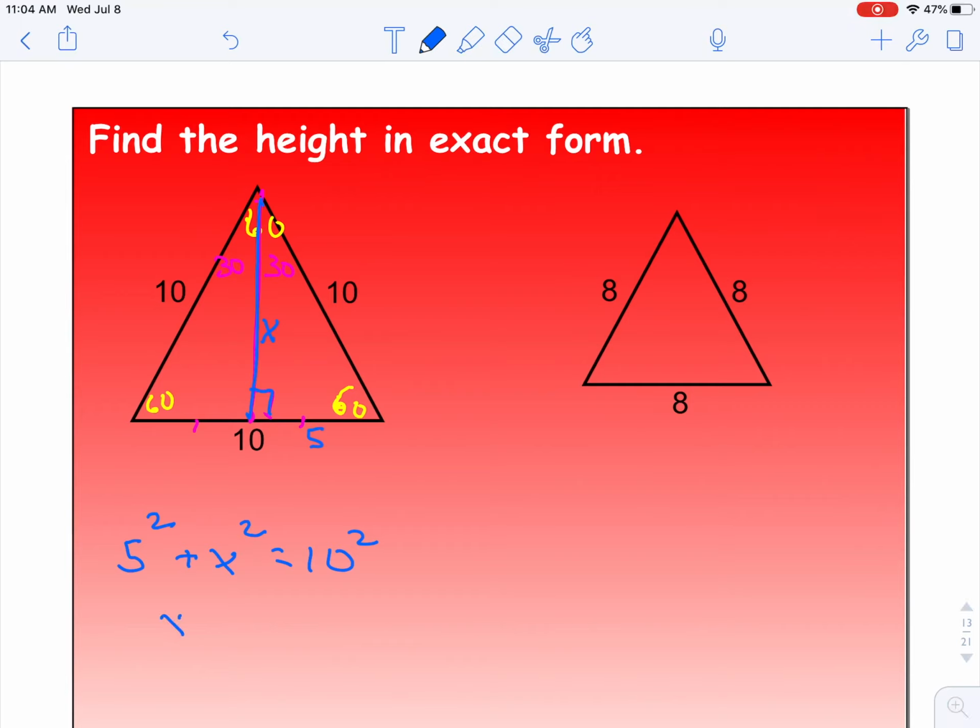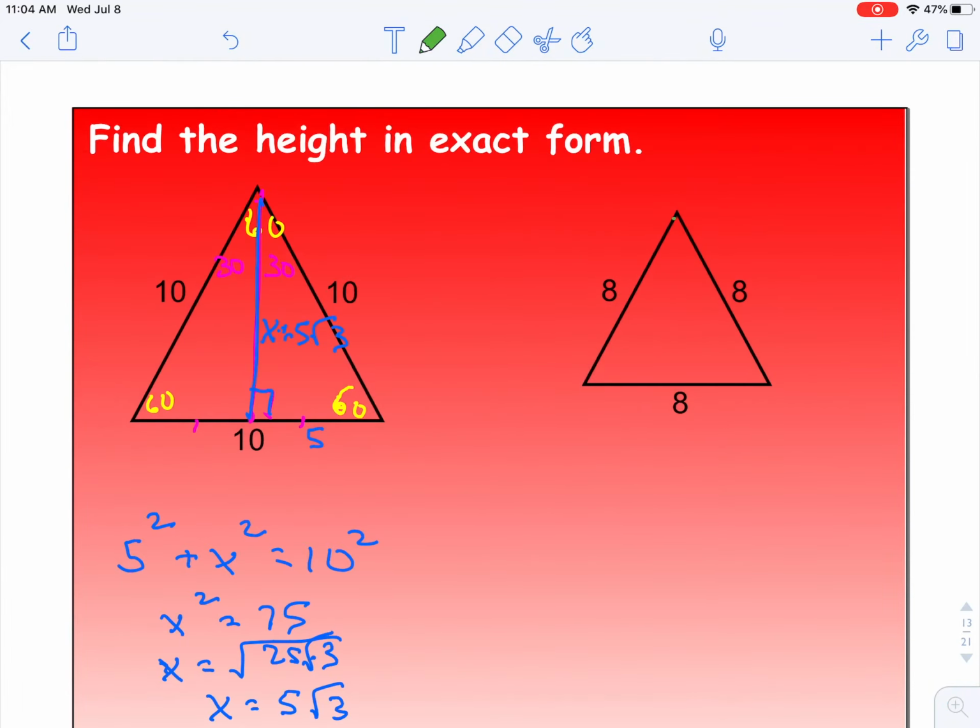I'm going to set it equal to the hypotenuse squared. So this gives us x squared equals 75, and 75, when we take the square root, is 25 times 3, so x is the square root of 25 times 3, or x is equal to 5 root 3.